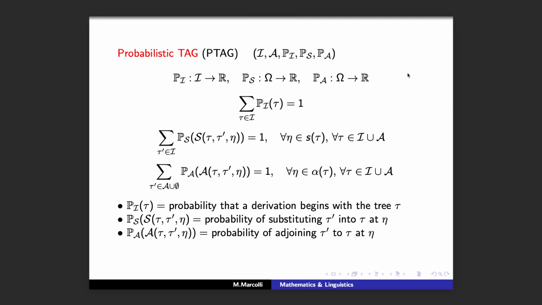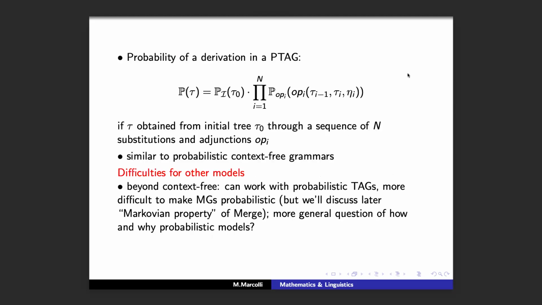This gives you probabilities associated to the entire derivation in a tree adjoining grammar. If you have a chain of derivations where you perform a sequence of these operations on trees, you assume each of these to be independent and assign probabilities accordingly.